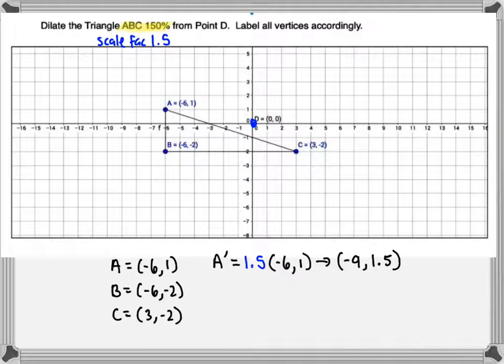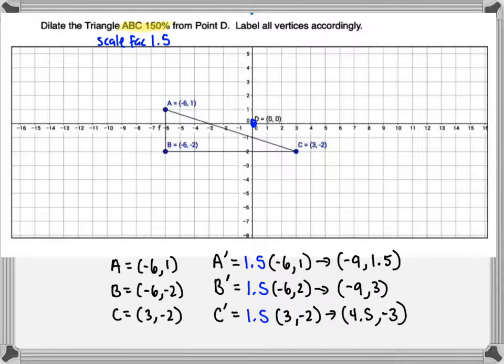I'm going to complete that multiplication for each one of those, and you can imagine it as the distributive property, multiplying each one. Technically it's not the distributive property, but if it helps you remember, you can think of it like that. So finding B prime and C prime would look like this.